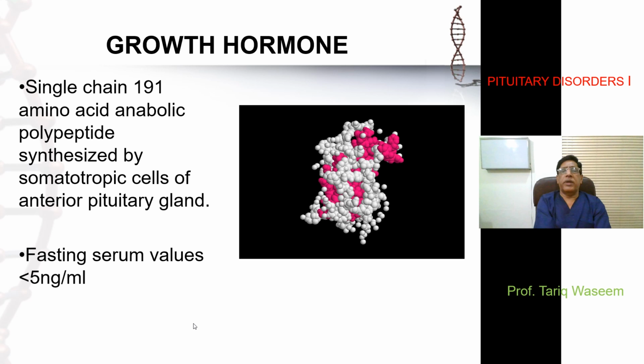So you have to check in the fasting state. We did talk about how both hypoglycemia as well as hyperglycemia, a fasting state or a post-meal state, have an effect on the release of this growth hormone, so it's better to check in the fasting state.